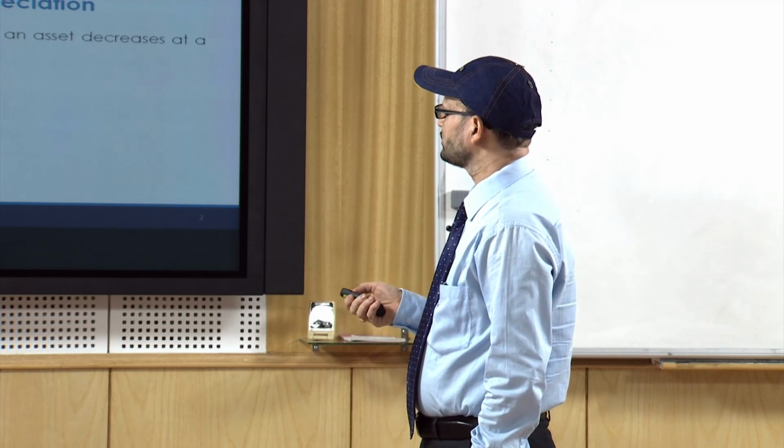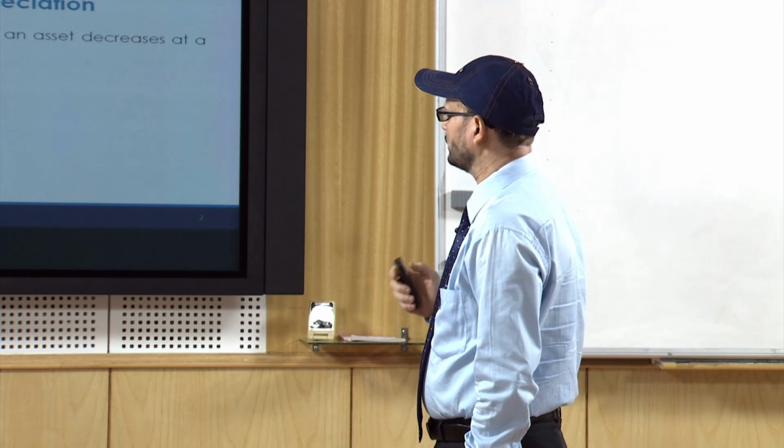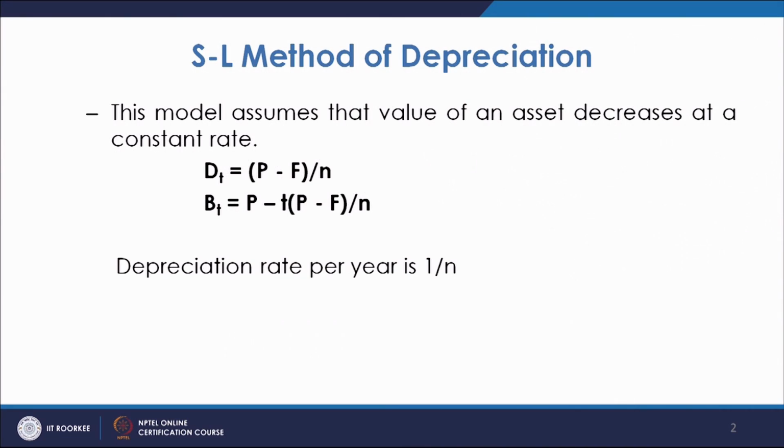So the depreciation during any year is a constant number, and this number is P minus F divided by n. P is the first cost of the asset, F is the estimated salvage value of the asset after n years. So depreciation during any year will be P minus F divided by n.